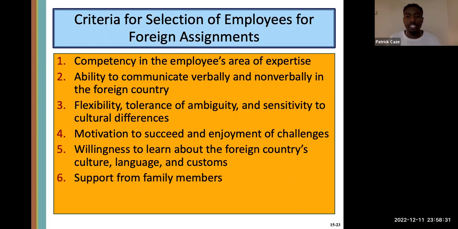Okay. Motivation to succeed and enjoyment of challenges, right? Because in the foreign assignment, you're definitely gonna have challenges, right? You're gonna have challenges because you're the lead guy. Maybe you're not, or gal. But the whole point is that you're not gonna have too many people to lean on. Okay, so there's gonna be a lot of challenges, right?